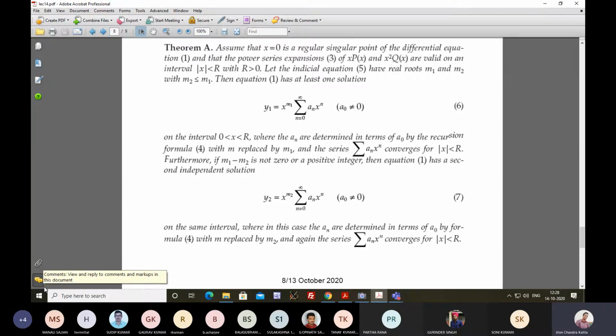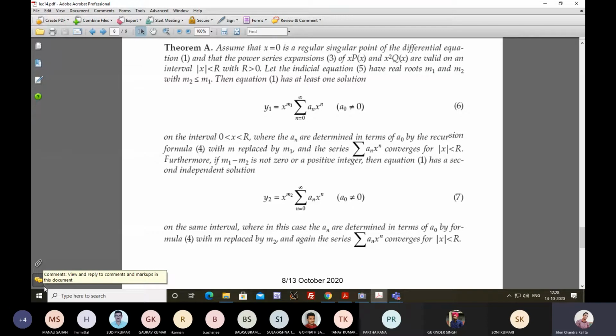On the same interval, and here interestingly, see, the radius of convergence earlier was capital R, and for the series of x p(x) and x squared q(x), we considered the whole interval ranging from minus r to r. But here you can see that they are taking only 0 less than x less than r.